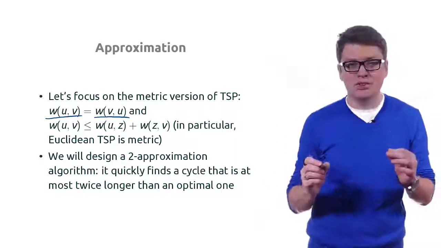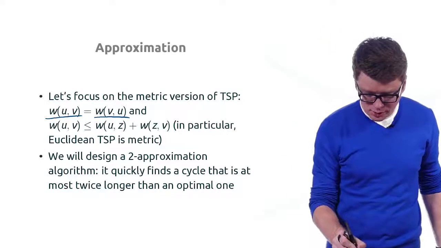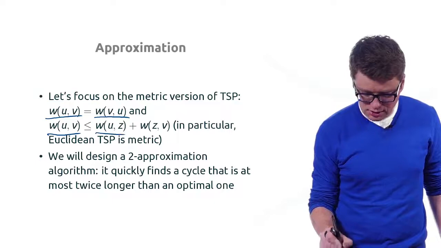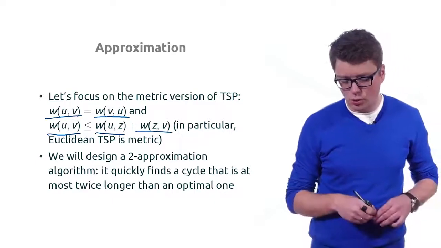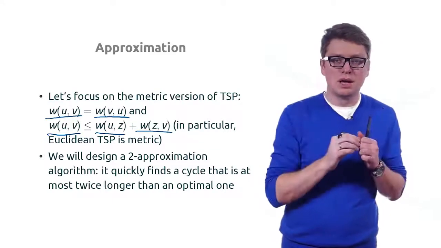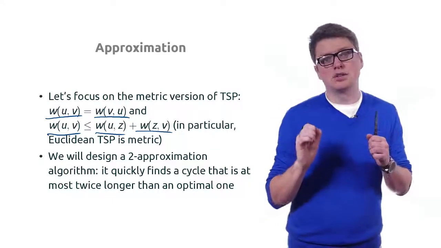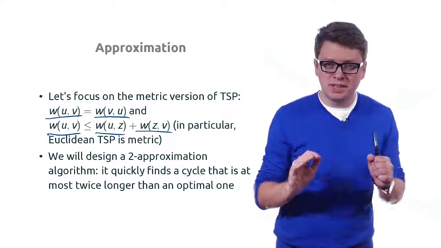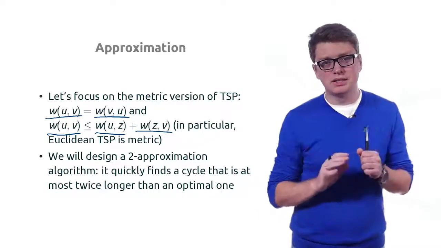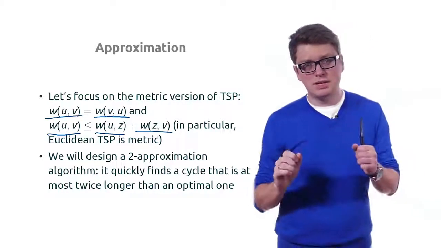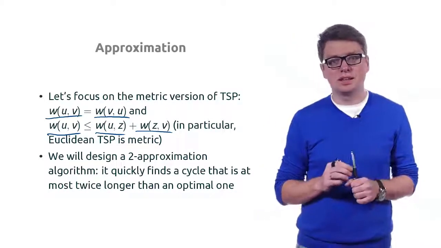Okay, so for any three nodes u, v and z, the weight of the edge uv is at most the sum of the weights of the edges uz and zv. So going from u to v through the node z could not be shorter than going directly from u to v. So in particular, the Euclidean TSP is also a metric TSP. Okay, so the Euclidean distances satisfy the triangle inequality.